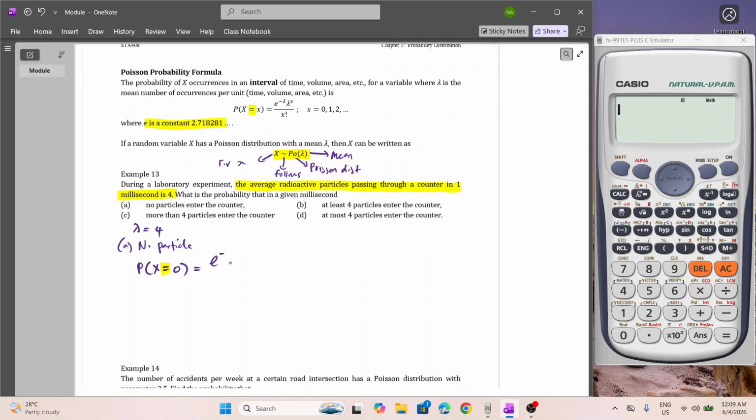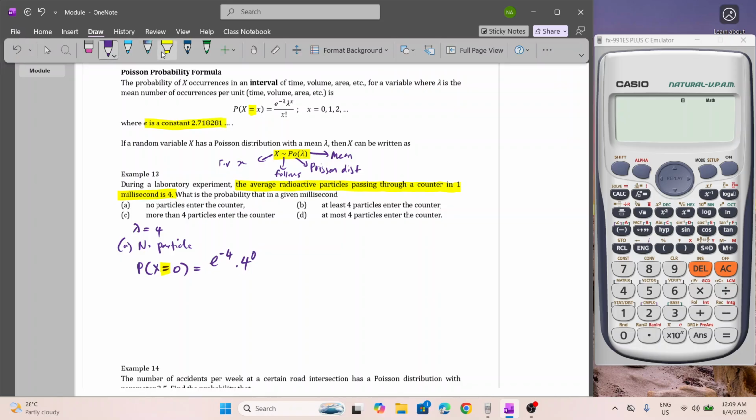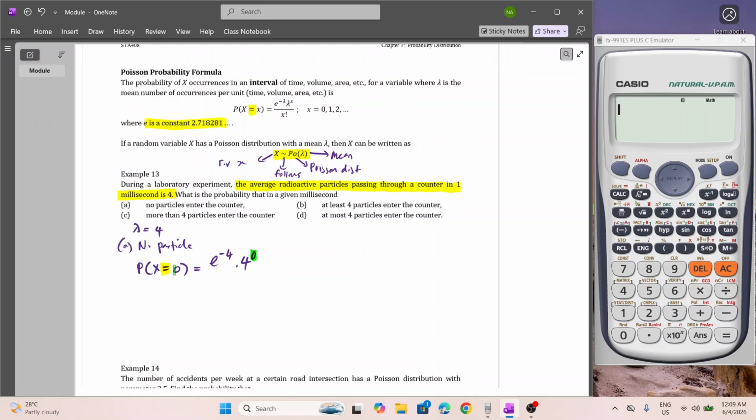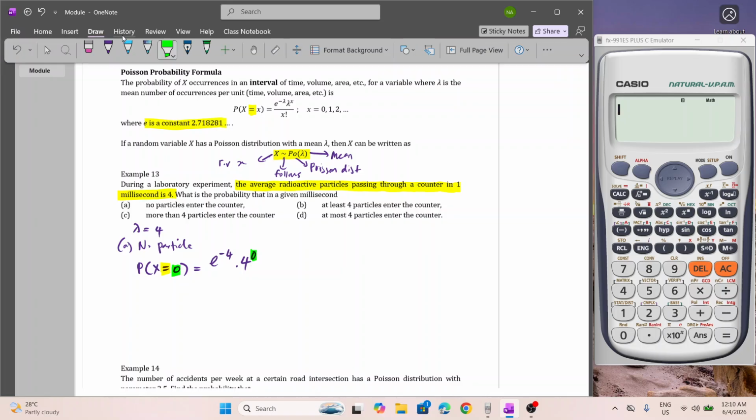So put it into the formula: e to the power of negative 4 times 4 to the power of x. X is 0, right? So x is 0. So that you know where to put it, how to put it into the formula.